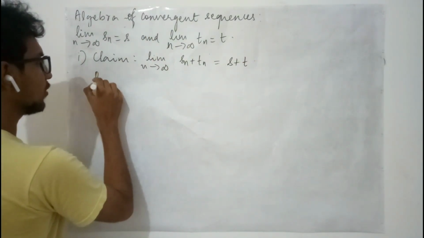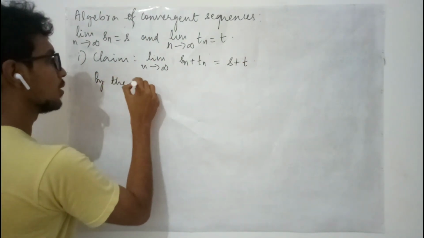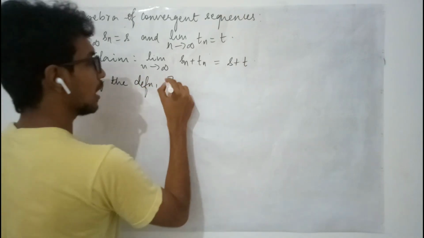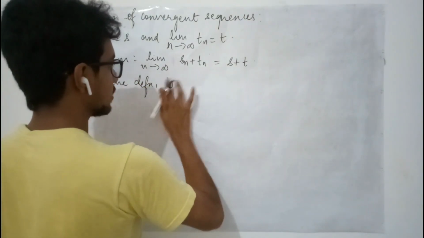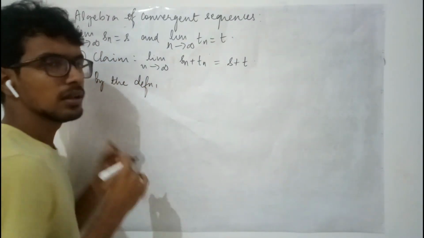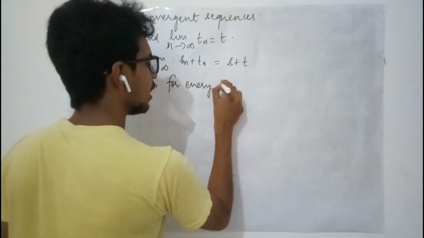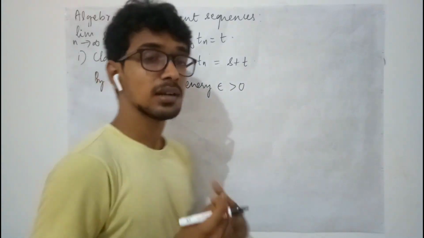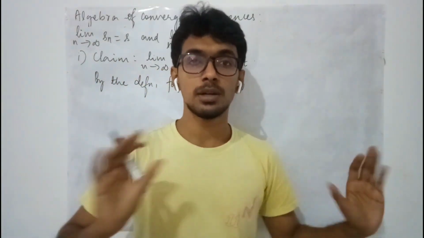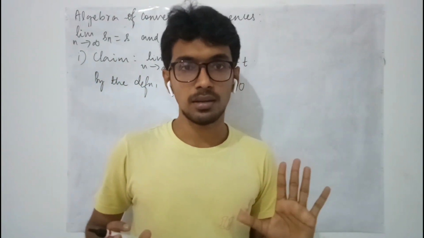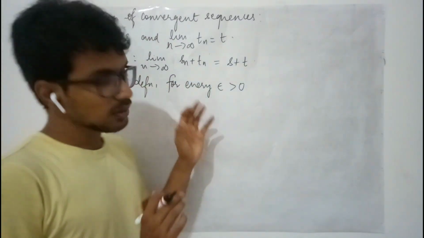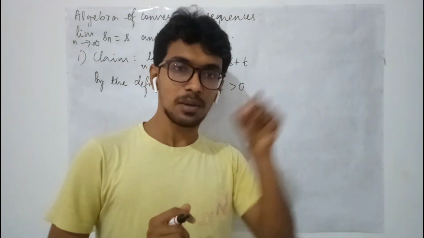By the definition of convergence, what do we have? First of all, we will have to say something about epsilon. For every epsilon greater than 0, this epsilon is some negligible quantity. It can be anything, so there is no need to represent it by epsilon itself.